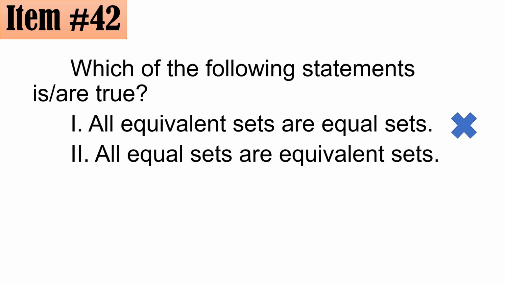So all equivalent sets are equal sets is actually wrong. All equal sets are equivalent sets, that is actually true. Kasi kapag equal sets sila, it's understood that they have the same cardinality as well.